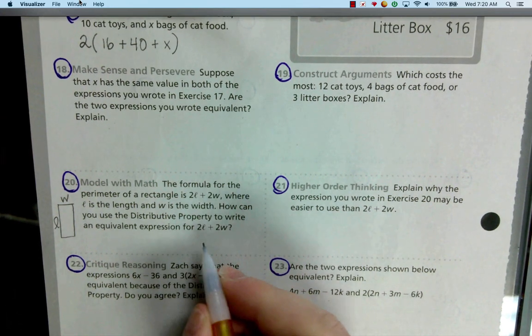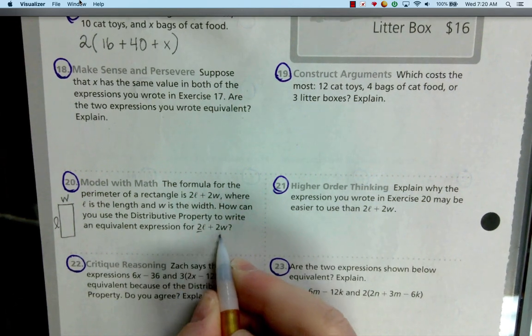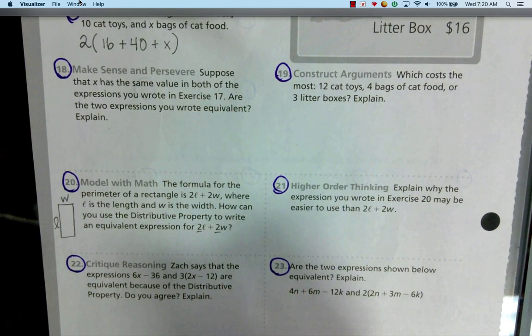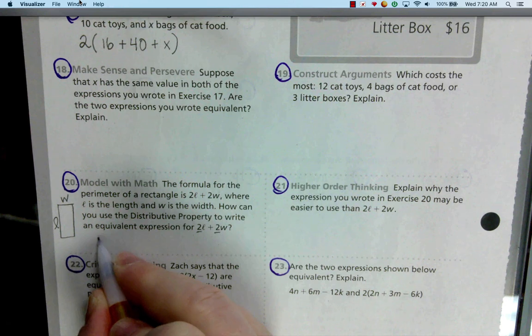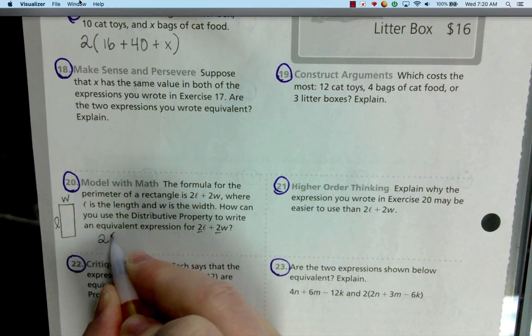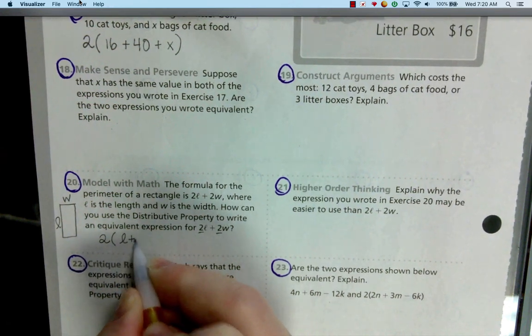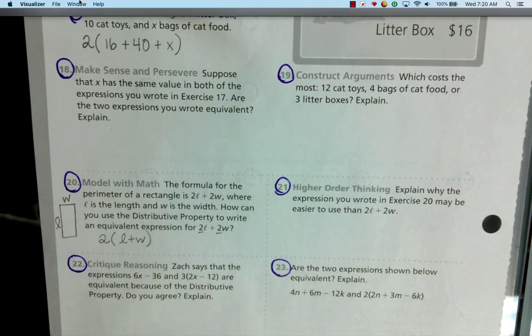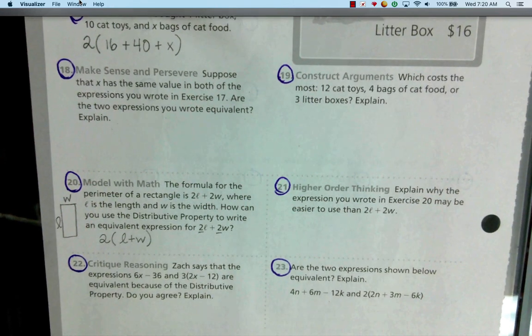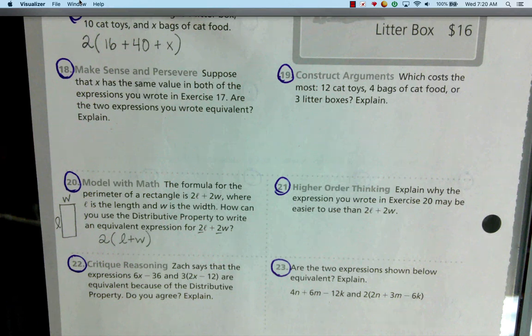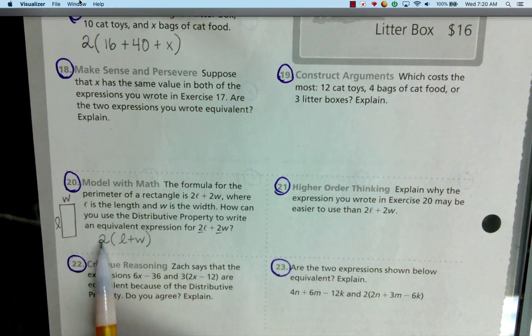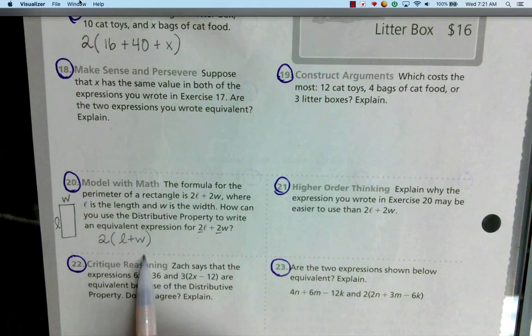What, right here, the common factor in both of these is 2, okay? So you can break that down by saying 2 times L plus W, and that would be an equivalent expression. And then here we have it set up to where if you did apply the distributive property, you would end up with 2L plus 2W.